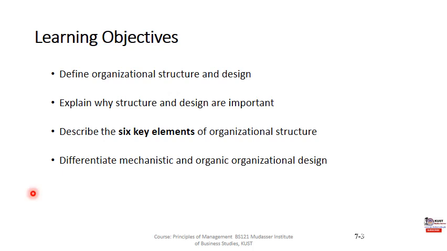In this chapter we will attempt to define organizational structure and design, explain why structure and design are important, describe the 6 key elements of organizational structure, and define and differentiate between mechanistic and organic organizational design.